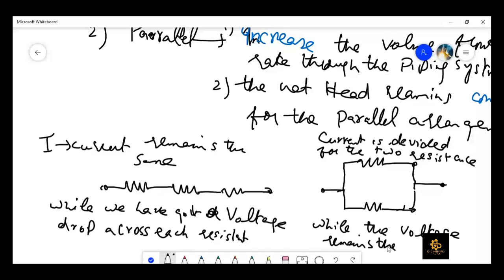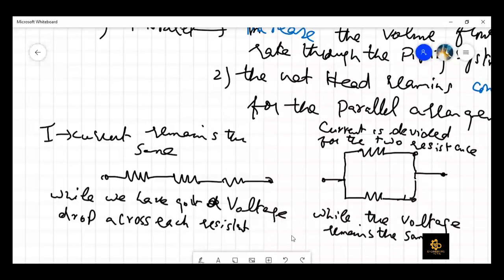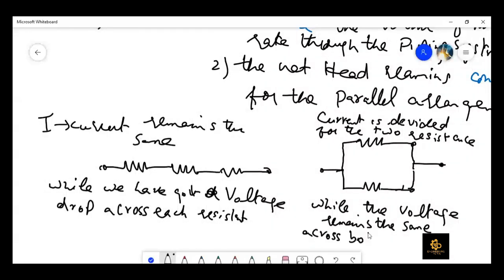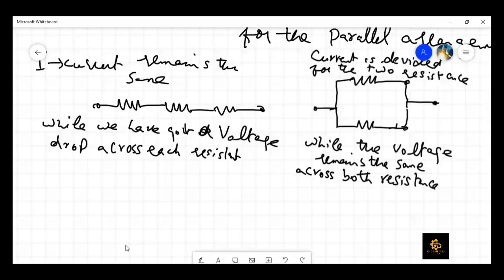Voltage drop across both resistances, right?